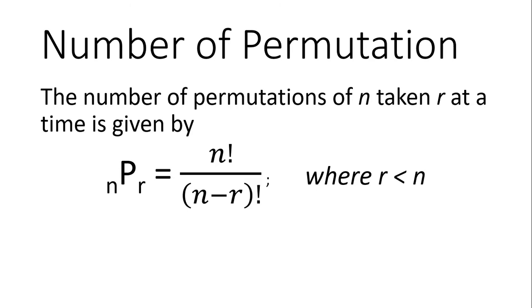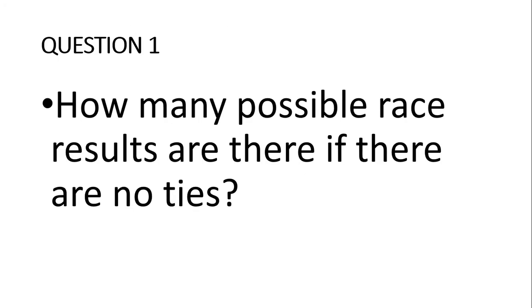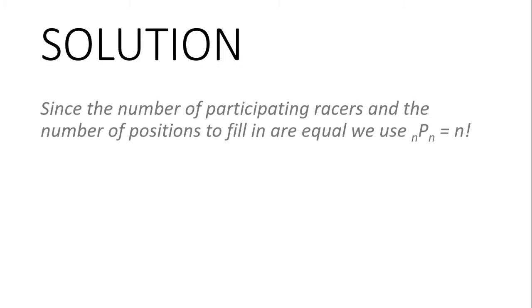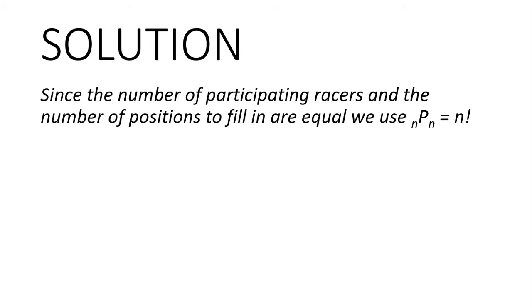Let us verify whether our answer in the previous problem is correct using these definitions. Question number 1. How many possible race results are there if there are no ties? Since the number of participating racers and the number of positions to fill are equal, we use permutation of n taken n, and that is equal to n factorial. We let n be equal to 3.